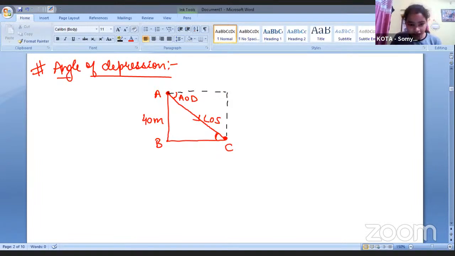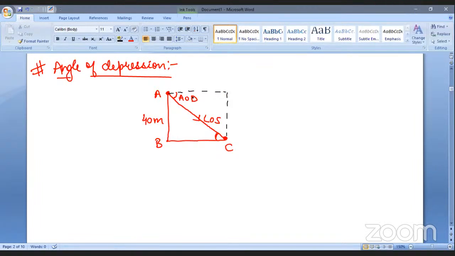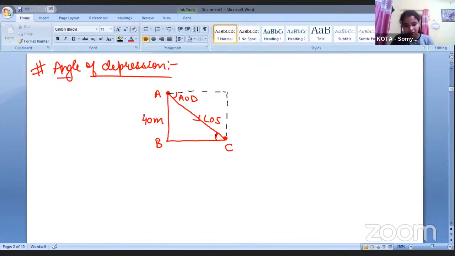So here we can see that this diagonal, the angles which will be on this part of the diagonal and this part of the diagonal, we all have read this part. So this angle will be equal to this angle, which means if here is an angle theta, then theta will be equal to angle AOD. This thing is important to note: it is very clear that the angle of depression lies outside the triangle, but there is an angle inside the triangle which is equal to the angle of depression.